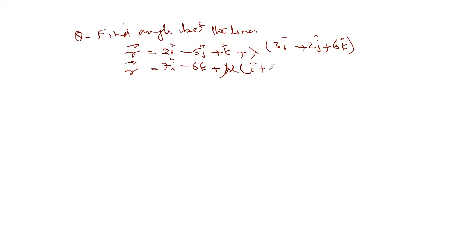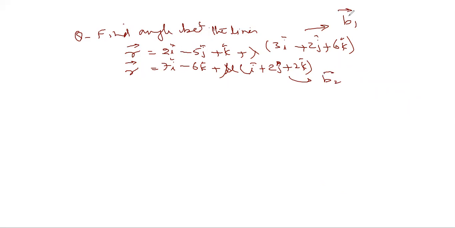i plus 2j plus 2k. This is the given equation, and we have to find the angle between them. So this is your B1 and this is your B2 vector.